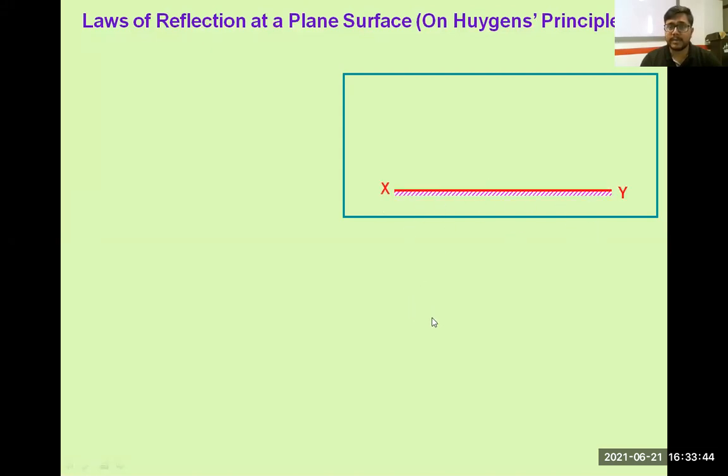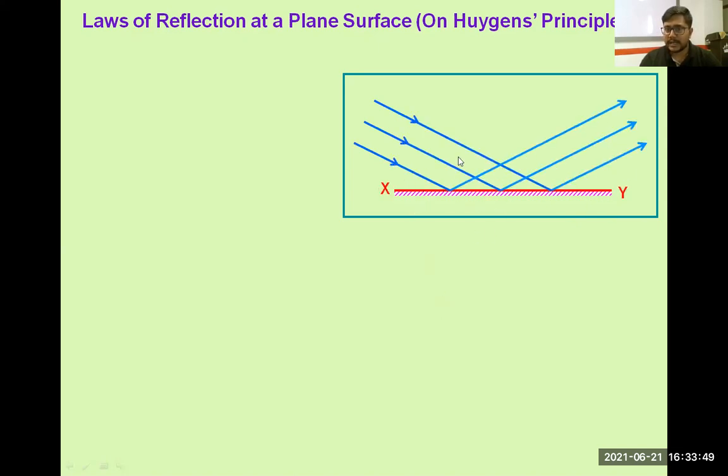When a ray of light falls on the surface, the angle of incidence and angle of reflection will both be the same. If you draw a perpendicular line AB, which is the shortest distance between the two rays of light, and make an arc taking point A as center and AB as the arc, again making a perpendicular on this side and another arc, forming these two normals at the point.